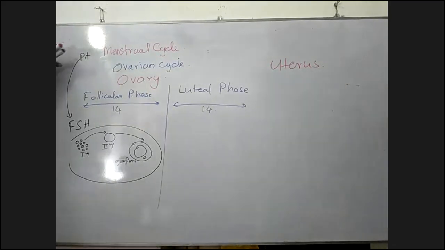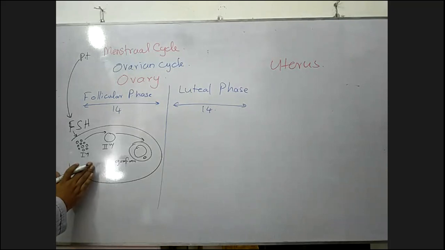In the brain, there is a pituitary gland. From the pituitary gland, FSH is coming and stimulating this. Because of that, this 14-day cycle is happening. When that is happening, the ovary will secrete estrogen. So this is the 14th day.